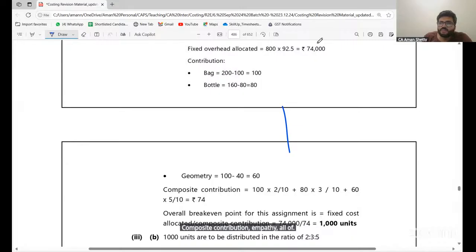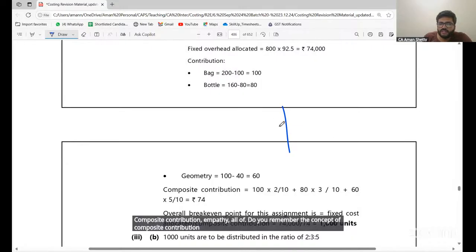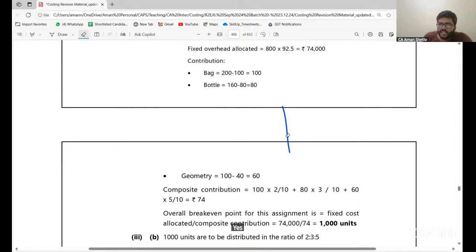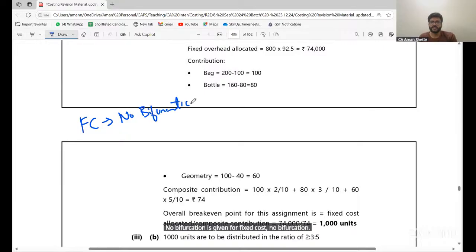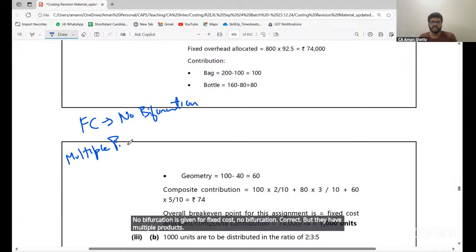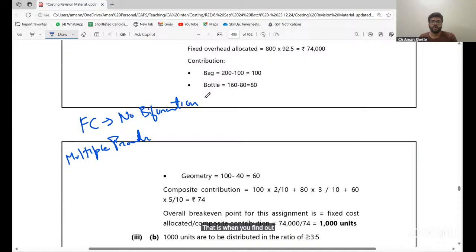Do you remember the concept of composite contribution? Yes or no, everybody? Yes. Whenever there is a fixed cost and no bifurcation is given for fixed cost, but you have multiple products, that is when you find out the composite contribution, so that you can find out the break even.